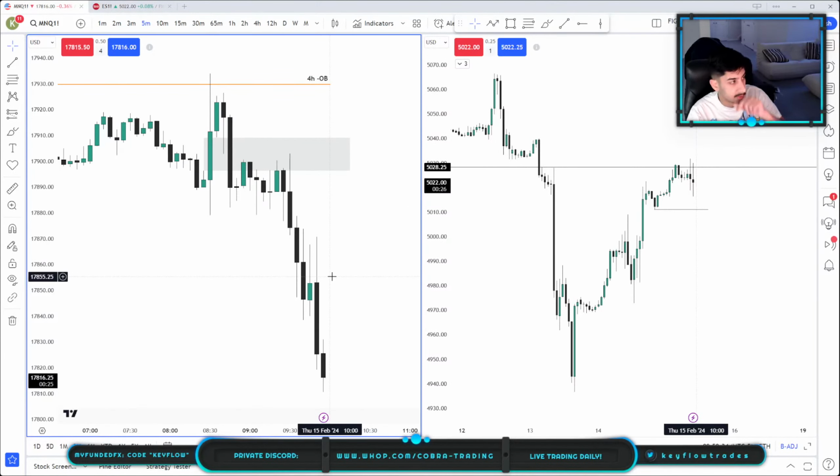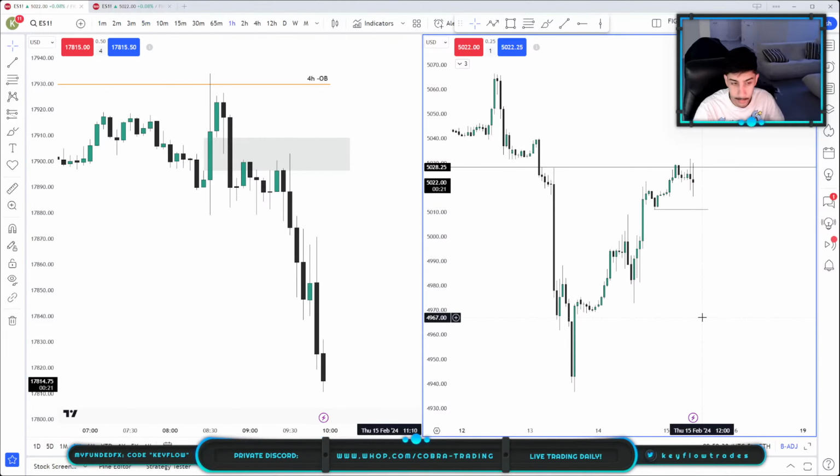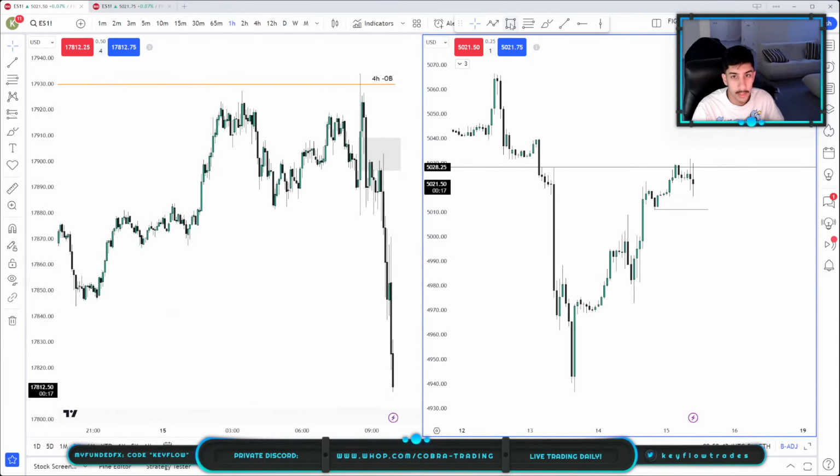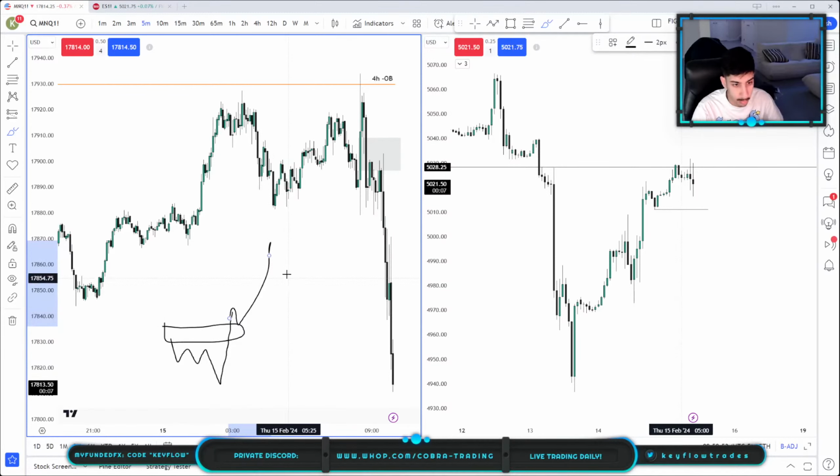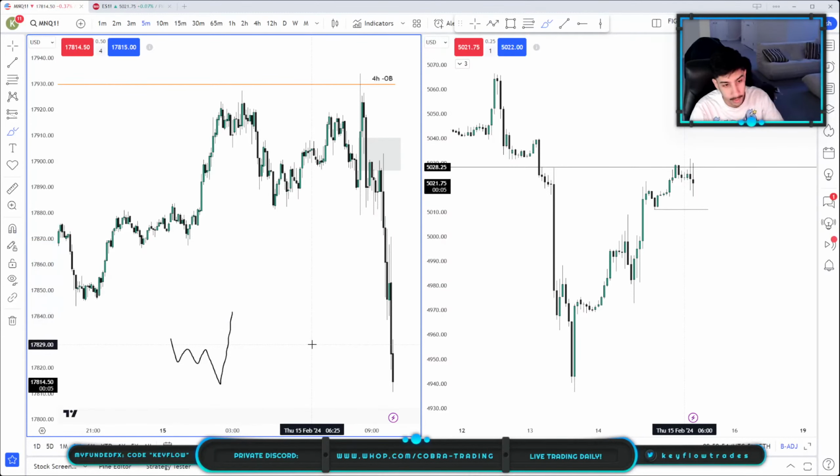I'd like to see the 5-minute do a little bit of this action, and then over here a fair value gap, inverse the fair value gap, and then boom. This is what I'm looking for lower time frame wise.